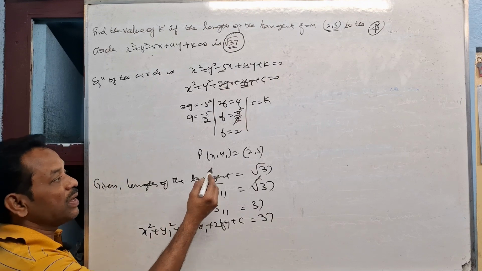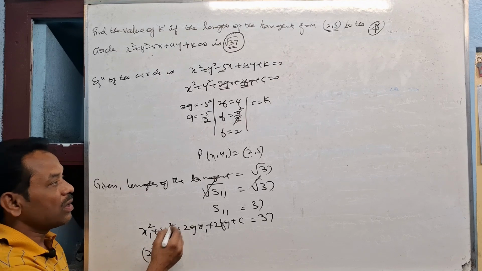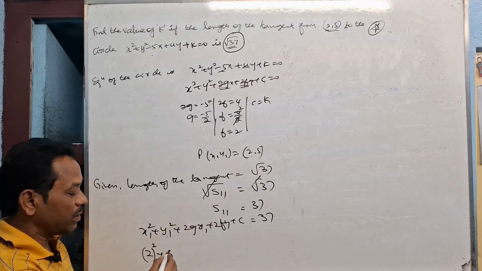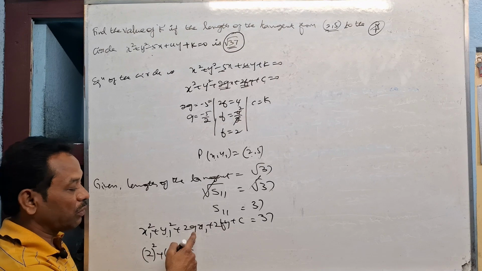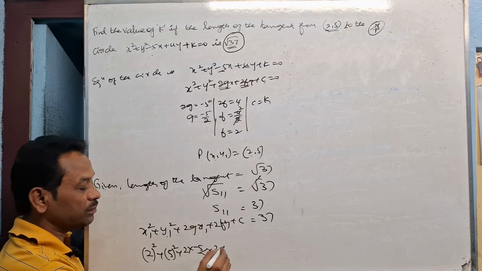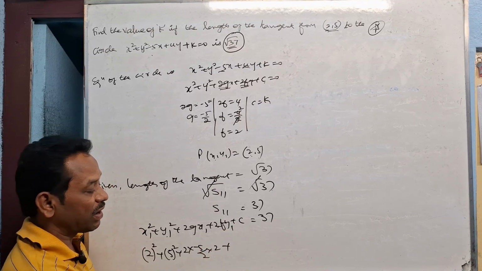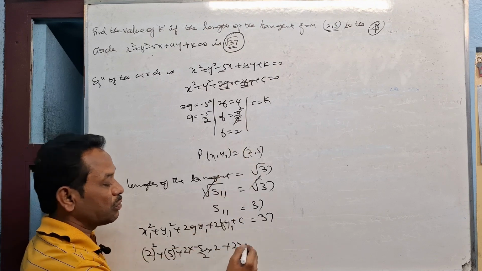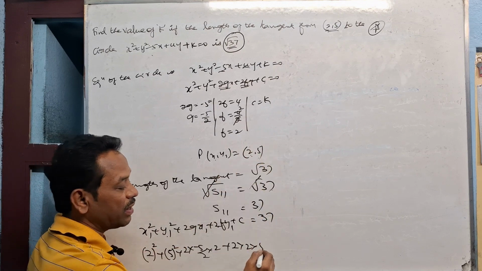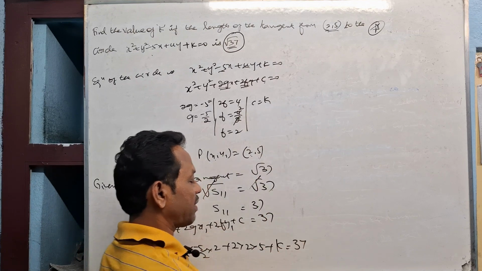Let me put the values. Here x1 is nothing but 2, so in the place of x1, let me take 2 square. y1 is nothing but 5, so 5 square plus 2 into g, which is minus 5 by 2, into x1, which is 2. Next, 2 f y1, so 2 into f, which is 2, into y1, which is 5, plus the value of c, which is k, equal to 37.